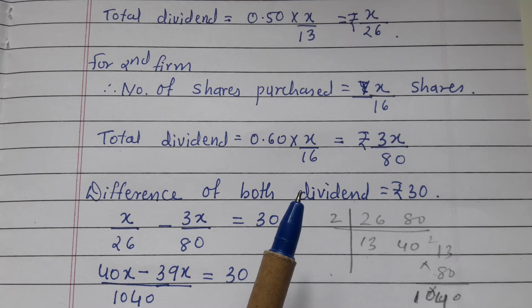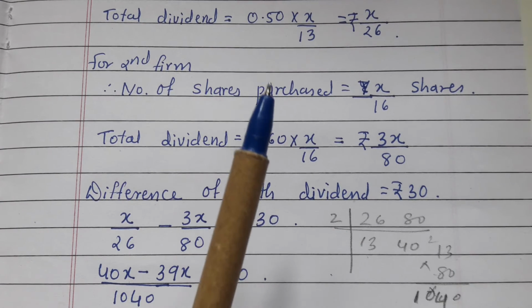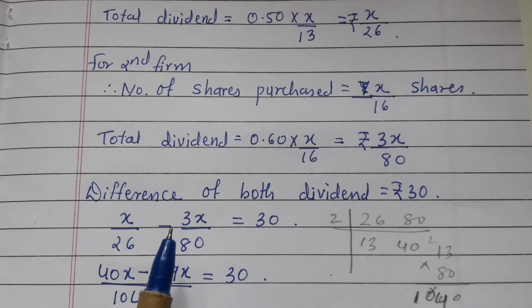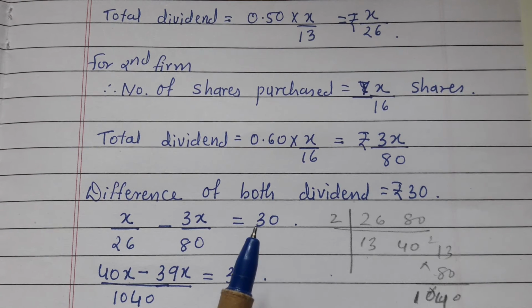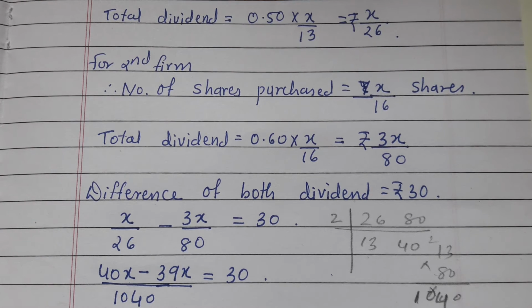Difference in both these dividends is rupees 30, first firm minus second firm. So X upon 26 minus 3X upon 80 is equal to 30. LCM of the denominators is 1040.